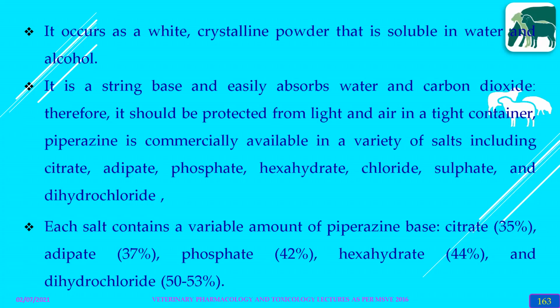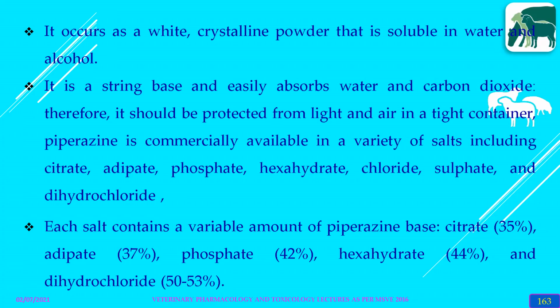Each salt contains a variable amount of piperazine as base. Piperazine citrate contains 35% of the total piperazine, adipate 37, phosphate 42, whereas it is very high in piperazine dihydrochloride, 50 to 53%.